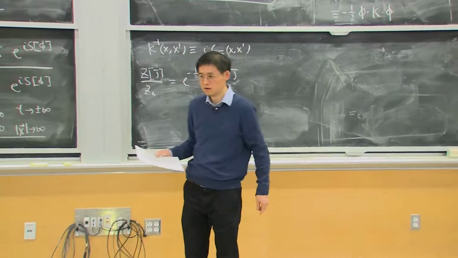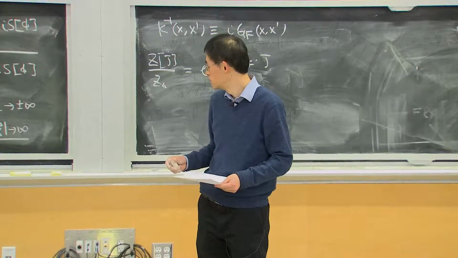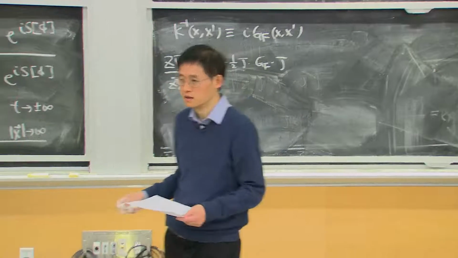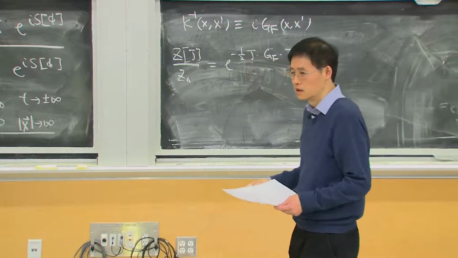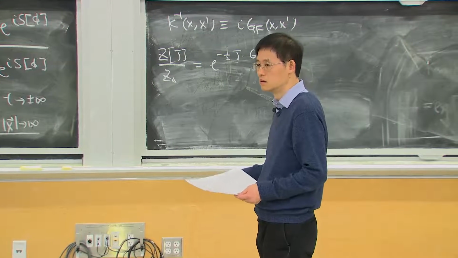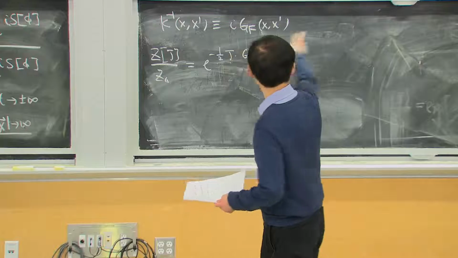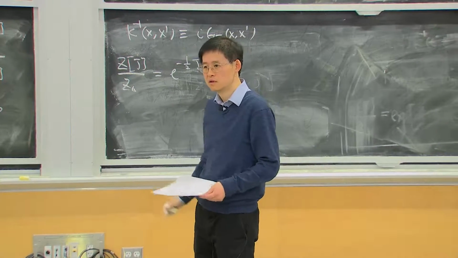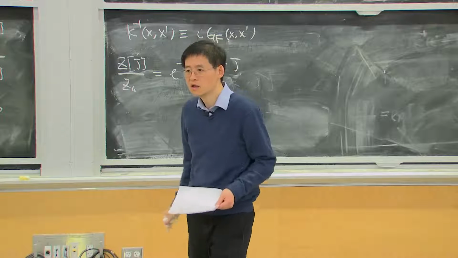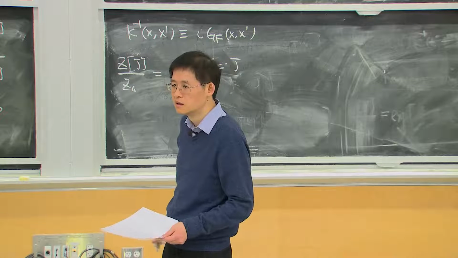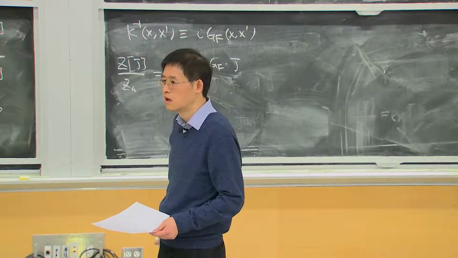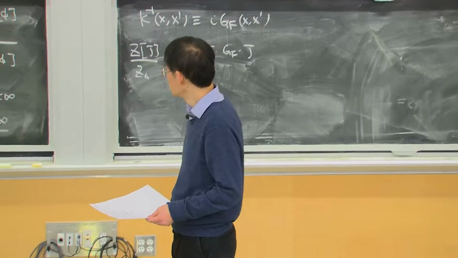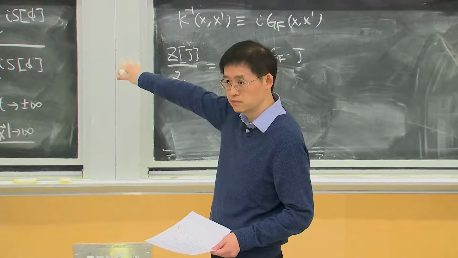In this free theory, do we have the condition that phi goes to 0 as t goes to infinity? Yes, that ensures that when you do integration by parts, everything is 0. But we have the solution for phi, like the plane wave. No, this is the boundary condition in your path integral.